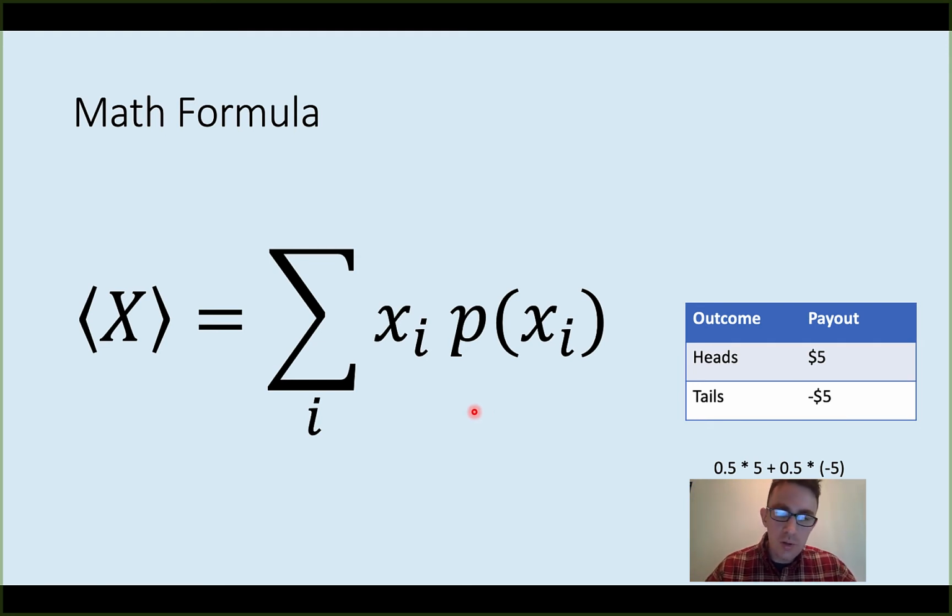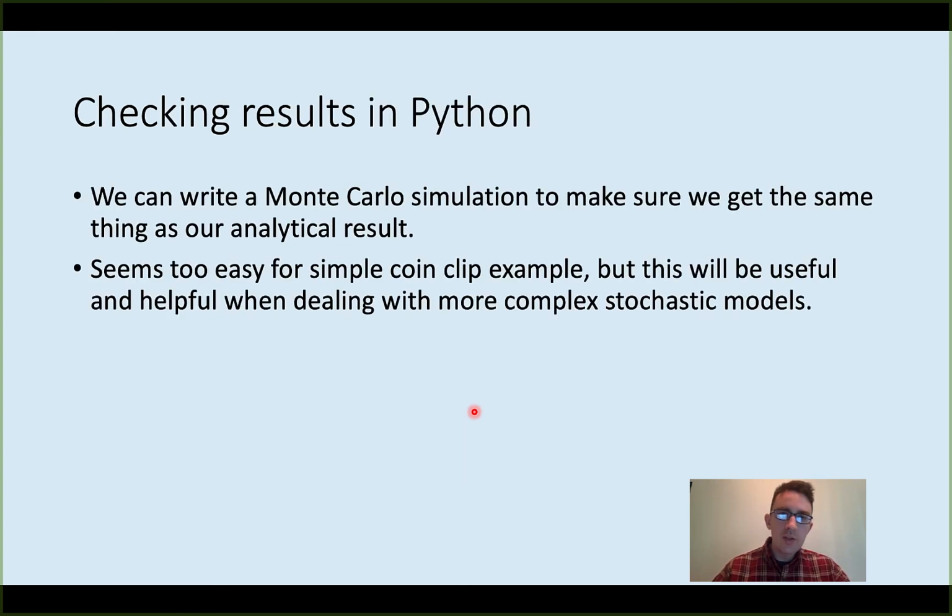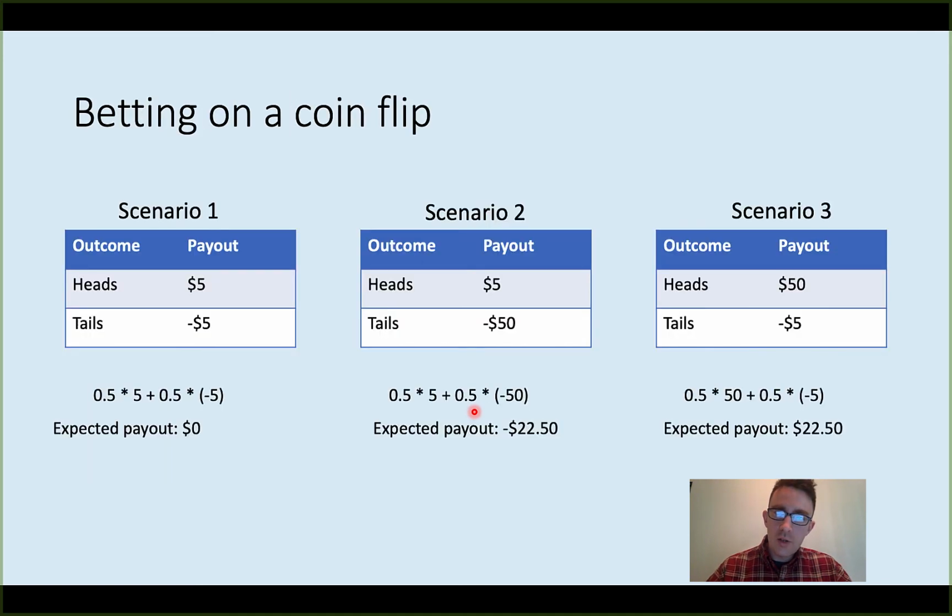Okay, so that's a bit on the official math formula notation. What I'm going to show you next is how to do a sanity check for the results in Python. This was a very simple example, where the calculation was so simple that we can just trust that it makes sense.